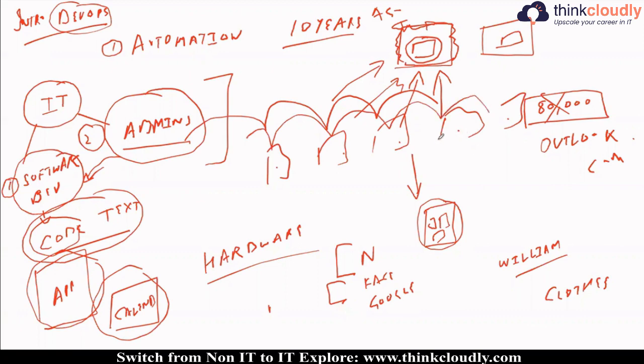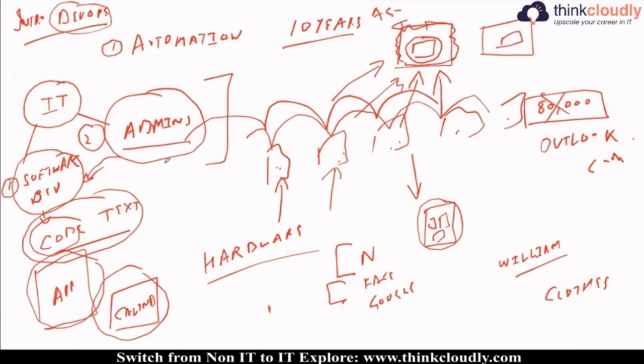Administrators were responsible. They used to go and deploy one by one on each and every server, so that whenever any user uses the application, they can see calendar as a new feature.